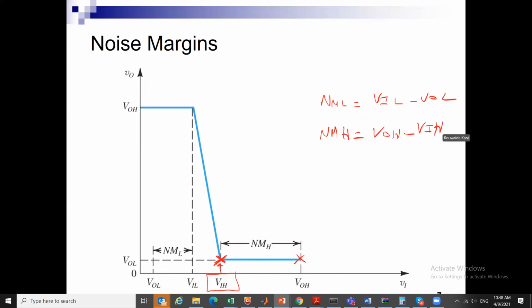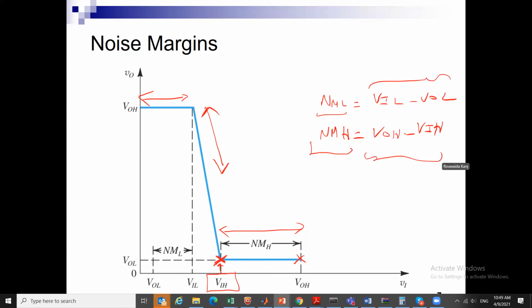And we typically design our circuit to achieve a large noise margin. That means we have to design our circuit so that I have a wide low gain region and a small but steep high gain region. So we have to determine the circuit parameters that guarantee this, because the designer can only operate in those ranges.